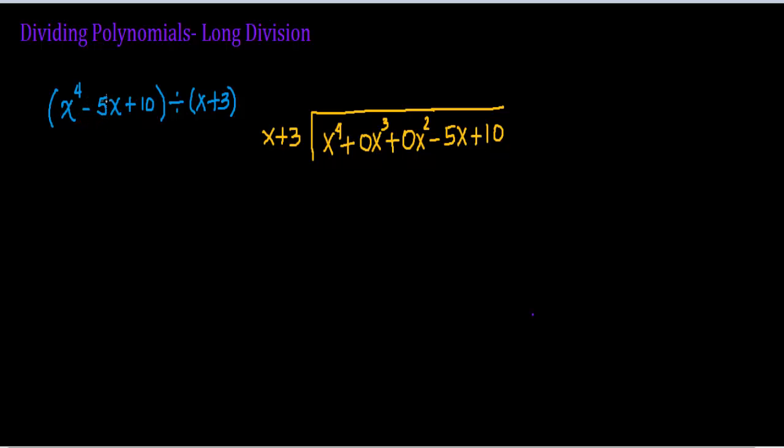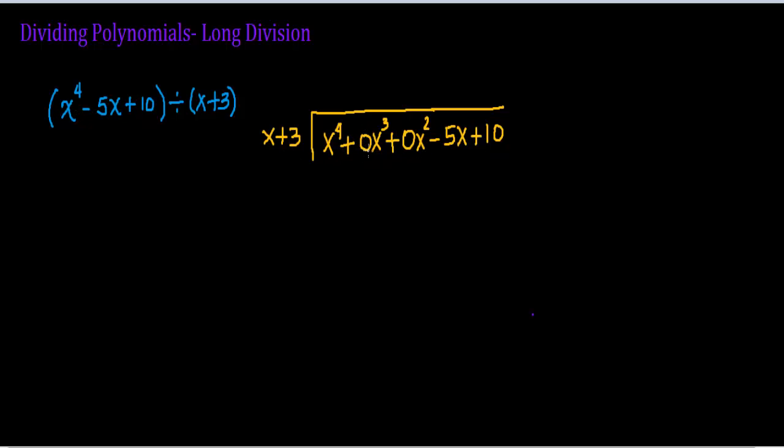I don't have an x to the 2nd power, which would be the term after that one. And then I have an x term. So those two terms that don't exist in the dividend, I have to fill in with 0 when I write it inside the division box. They're sort of placeholders. They will hold the place of these terms that don't exist.